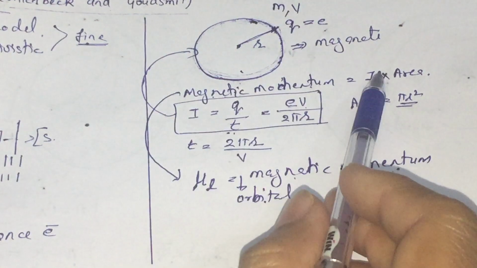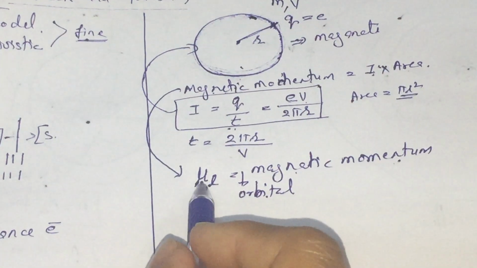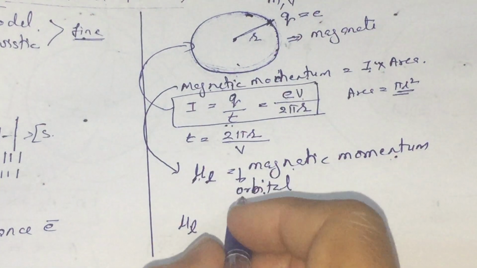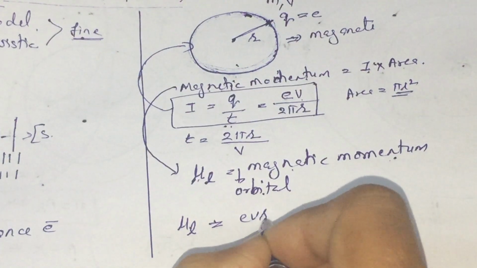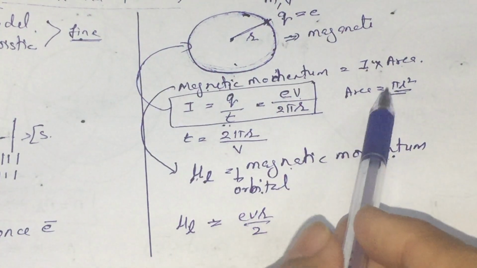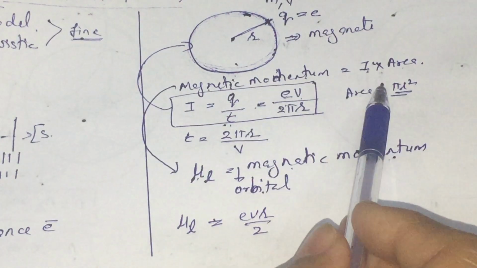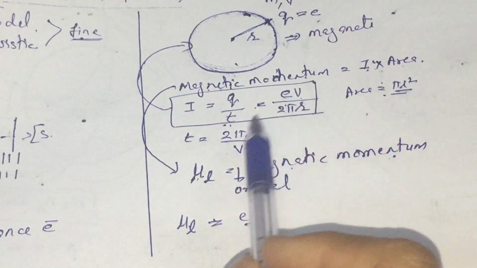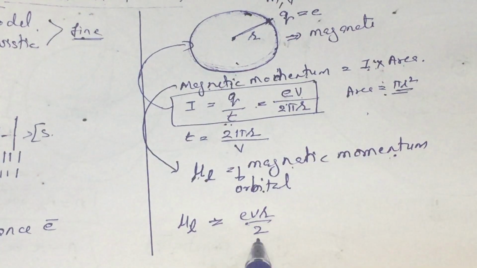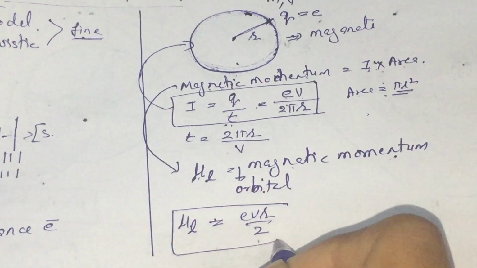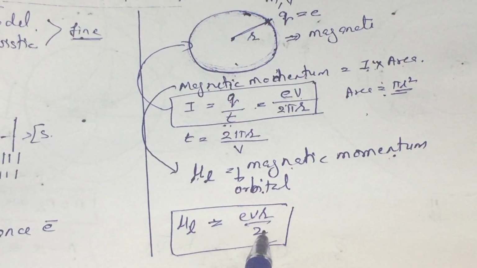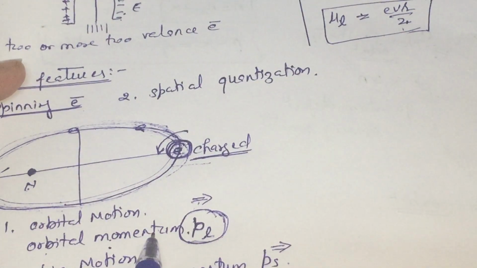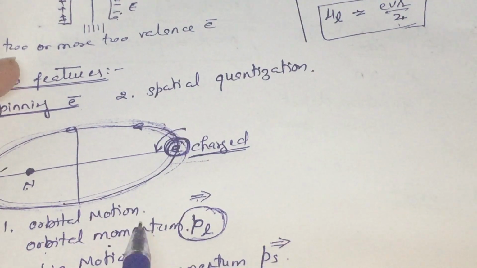With the help of the above formula, that is current into area, we will have the value of orbital magnetic momentum mu L is equal to e v r divided by 2. It means we get our orbital magnetic momentum as well as our mechanical momentum for orbital motion.